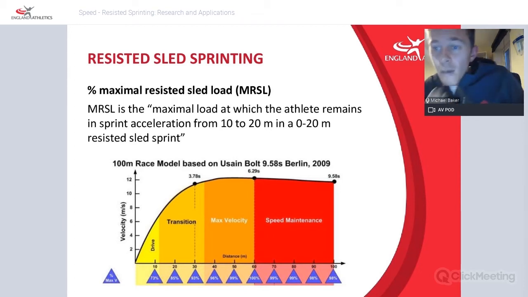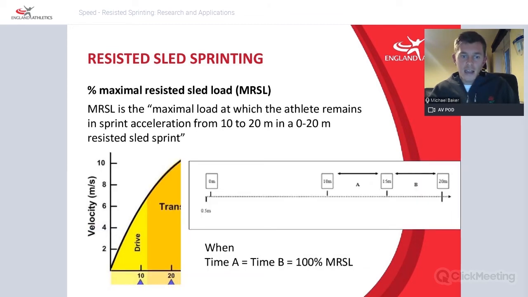What MRSL is looking at, and there'll be a few slides to follow to hopefully make it clearer, is a load in which the athlete remains in a state of plateau between 10 to 15 and 15 to 20 meters. If I slide on to the next slide, hopefully this will give you a bit more detail.